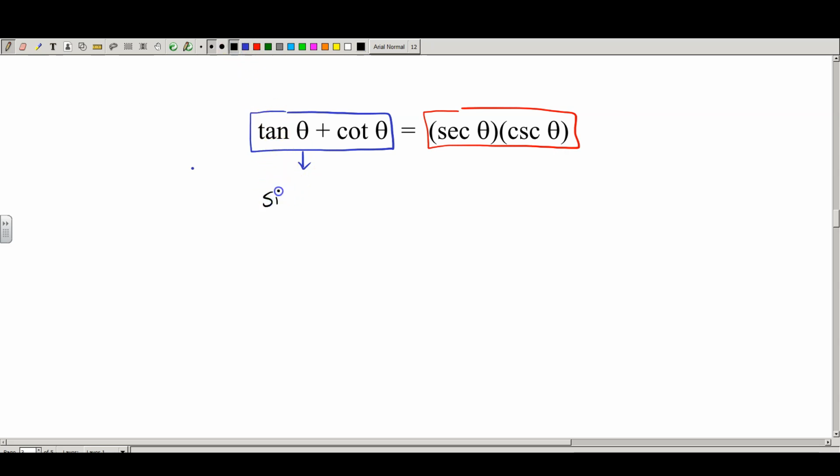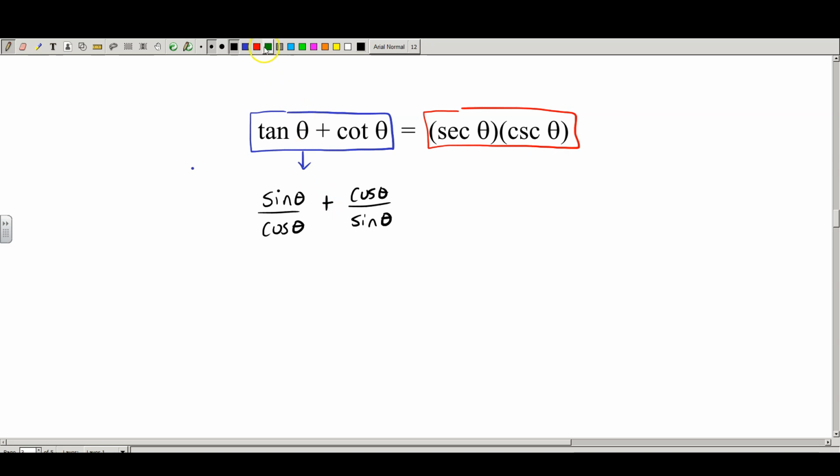So this would be something like sine of theta over cosine theta plus cosine theta over sine theta. So I changed it to sine and cosine, right, which kind of made it more complicated. But at least now, like we did before, we could add the fractions together and see where that takes us.